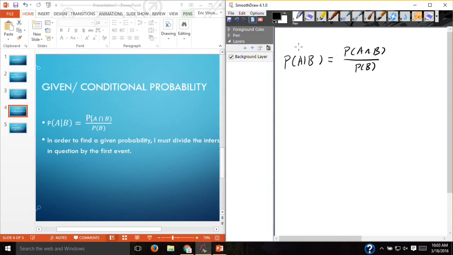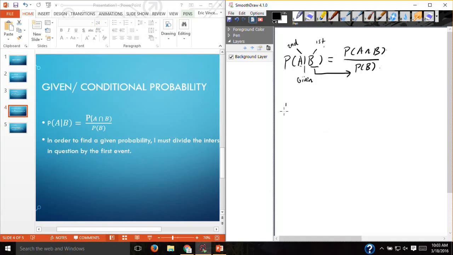Now notice, in a given, this A part, the first number is the second event. This little line right here means given, and this is your first event. So, the second event given the first event is equal to the intersection divided by this first event.